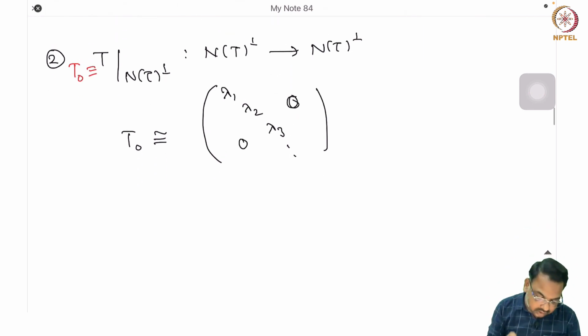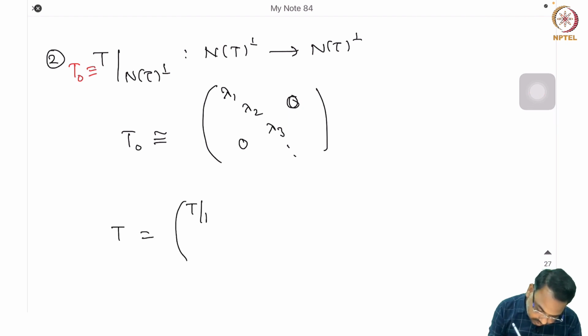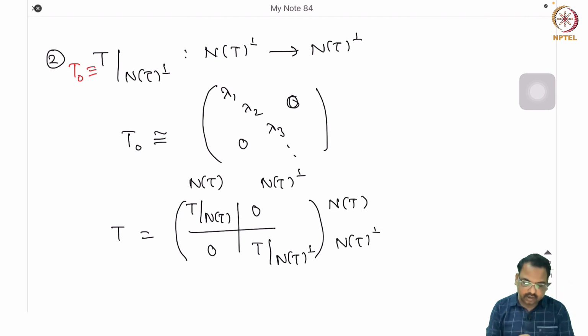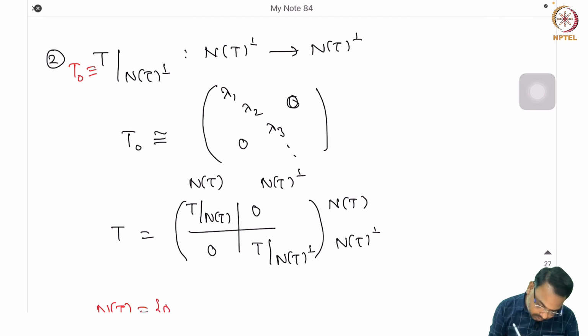Now T can be represented using the null space of T and the null space of T perp. In this way, this is the null space of T, the null space of T perp, the null space of T, here the null space of T perp. Now when T is 1-1, when the null space of T is 0, this implies T is nothing but T naught.